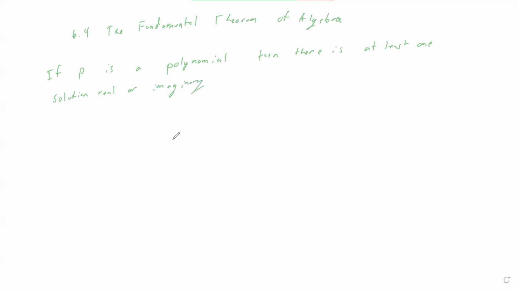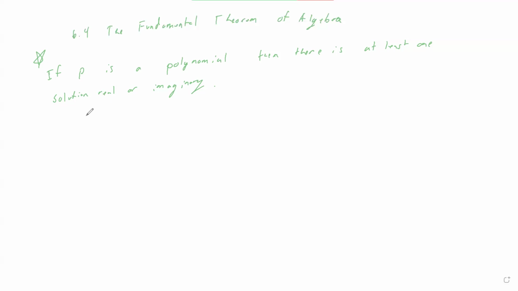I'm not saying that it's always going to cross the x-axis to have a solution, but it will have an imaginary answer as well. So that's basically what the fundamental theorem is. As long as it's a polynomial, from a linear function as the smallest, all the way up to an infinite one, it goes many times. That's pretty much what it is, and that's the fundamental theorem of algebra.